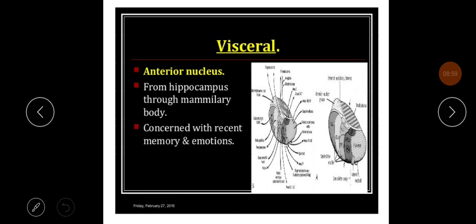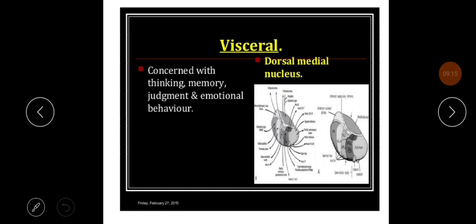The anterior nucleus is connected to the hippocampus, which is concerned with recent memory and function. And the hippocampus connects to the mammillary body. The dorsal medial nucleus is concerned with thinking, memory, judgment, and emotional behavior.